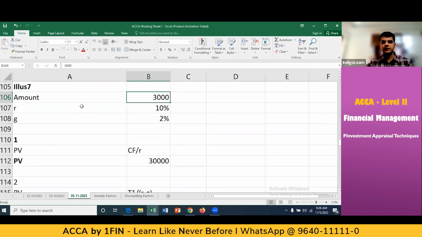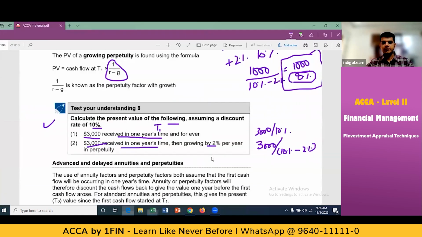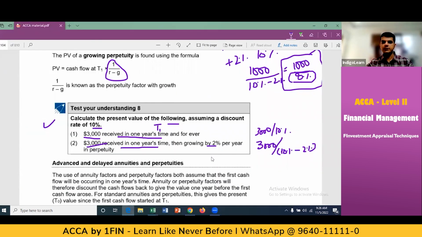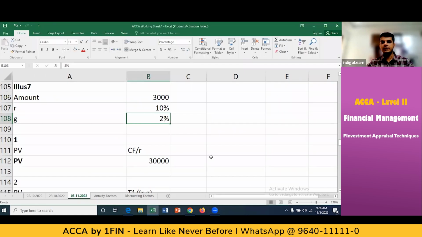So the amount is 3,000. 10% is the discounting factor. Okay. And the period is in any case perpetuity. If we have to take growth, then it is 2%. So first case cash flow, that is 3,000 divided by 10%, directly we'll get the present value 30,000.